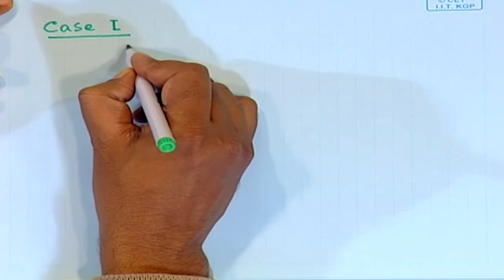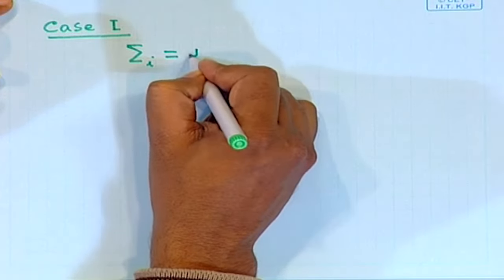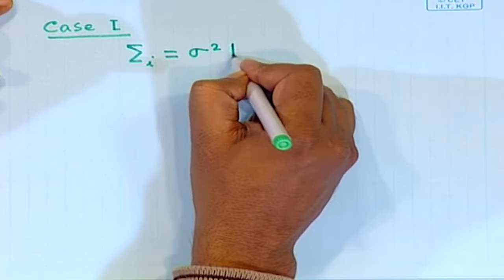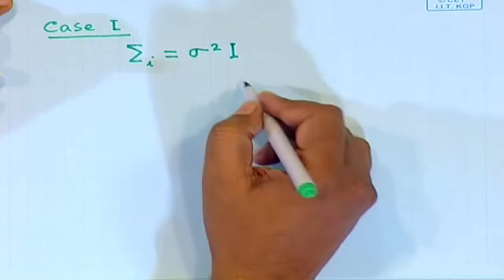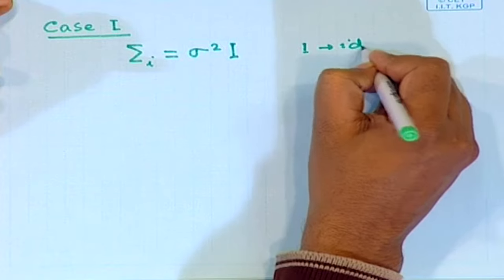when sigma i, that is the covariance matrix, is of the form sigma square I, where this I is nothing but an identity matrix.